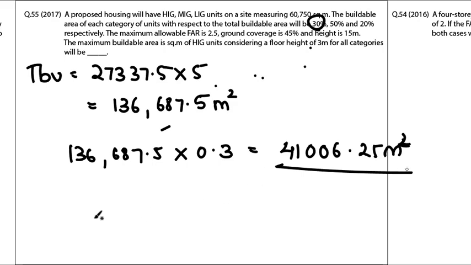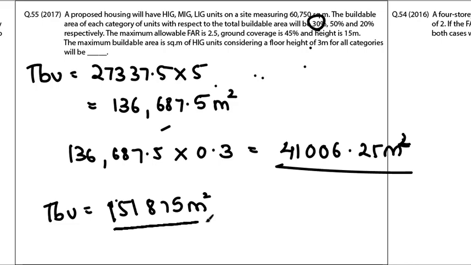So now we first got total built up area, that is FAR into site, which is 151,875 meter square. Okay, but why we did not take this value but we took this value? You need to understand that in this question ground coverage is mentioned and there are total number of floors which are available.